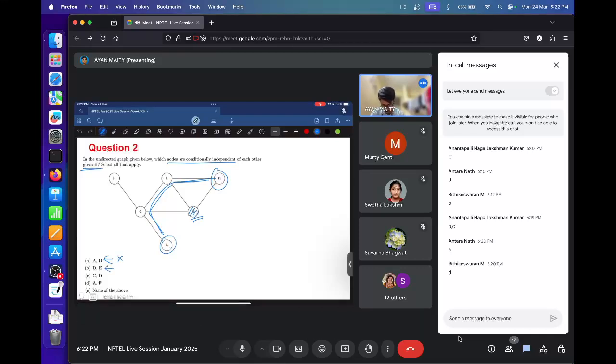Now option B says D and E. D is here, E is here, and node B is given.